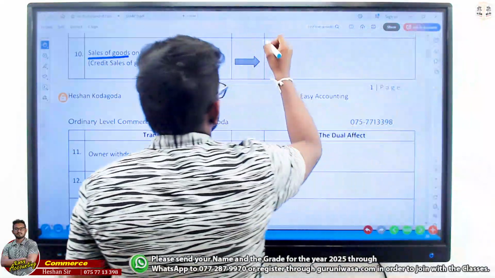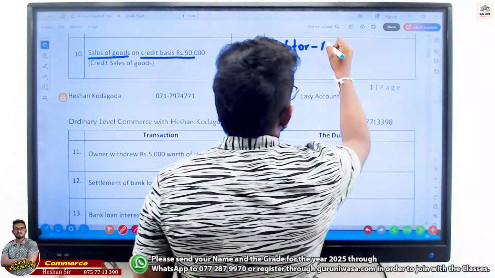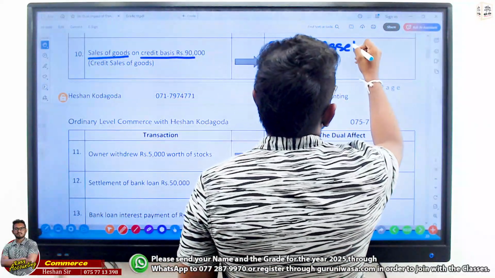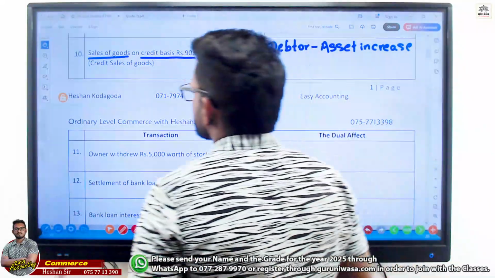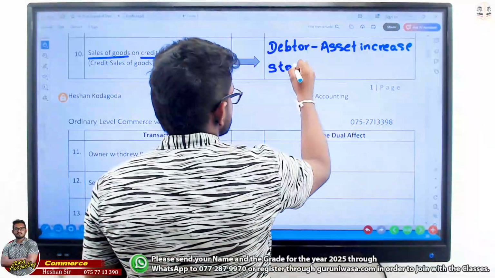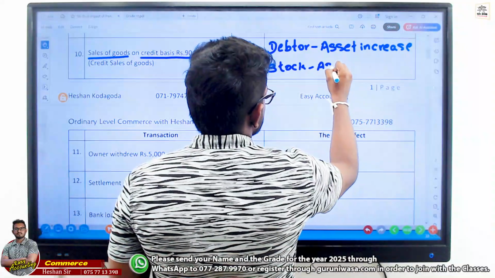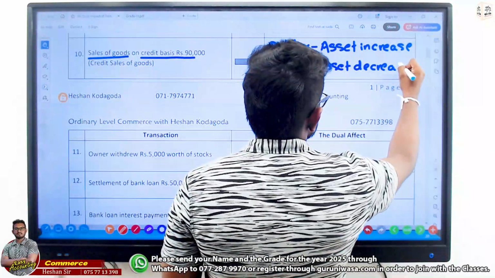Credit basis. So debtor asset increase. Debtor asset increase. Yeah, selling goods. So stock asset decrease. Stock asset decrease.